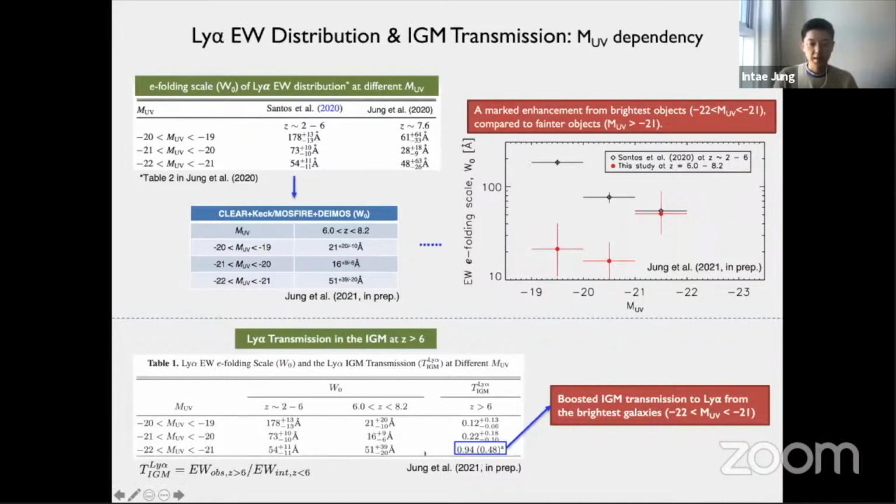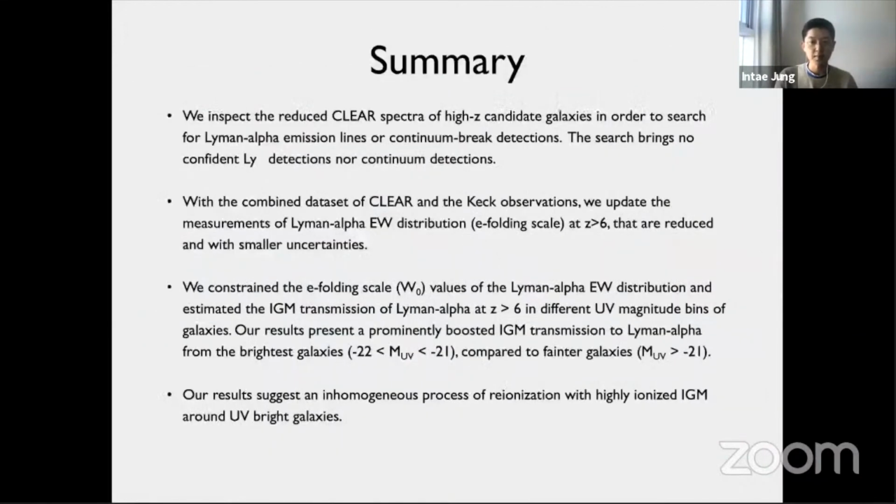From this estimate, the transmission values are shown in the last column in this table. You can see here the boosted IGM transmission for the brightest galaxies compared to the faint objects. This indicates an inhomogeneous process of reionization, with highly ionized IGM around the UV-bright galaxies. And this is my summary, and I will take questions.